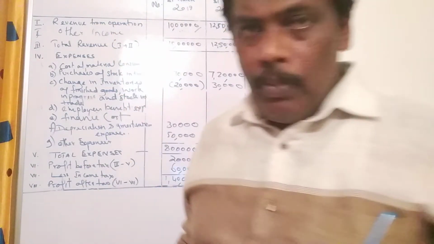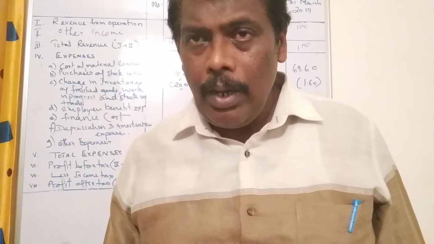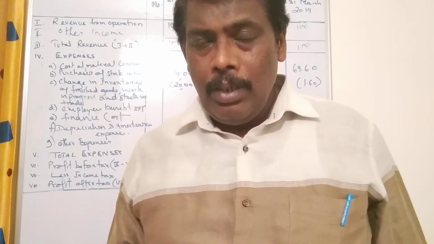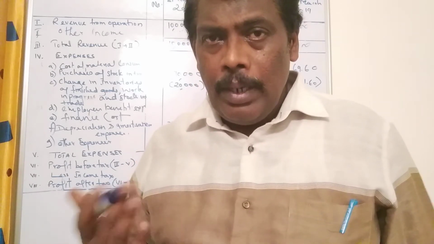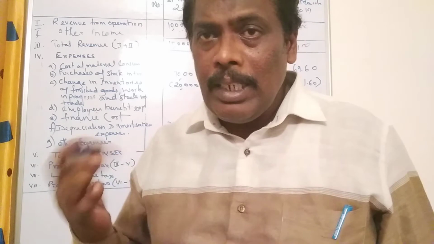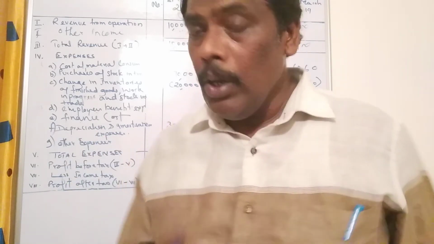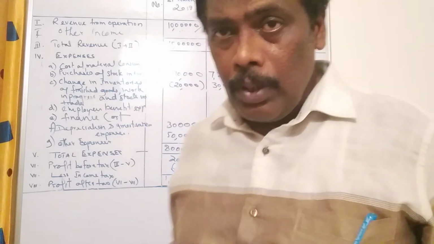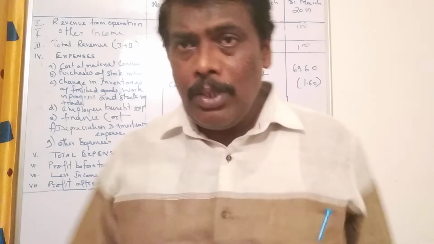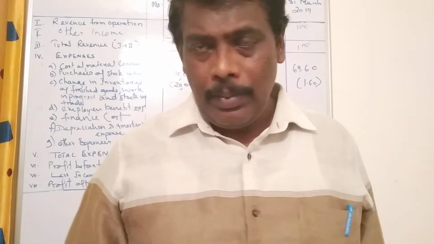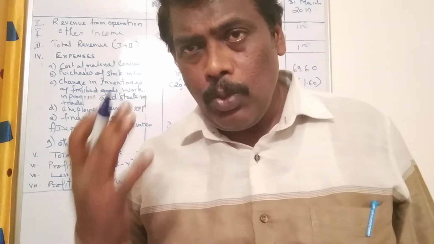Then we have to record other income if income is given in the practical. After recording other income, the next process is to add these two heads, Roman letter 1 and Roman letter 2. You will get the total revenue. Total revenue means total income generated. Then we have to record all the expenses one by one.